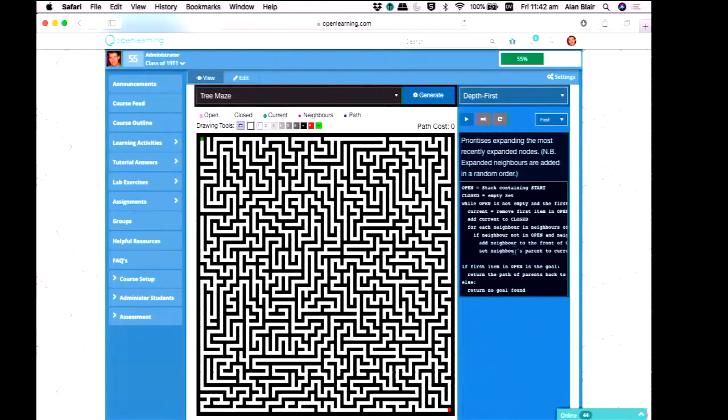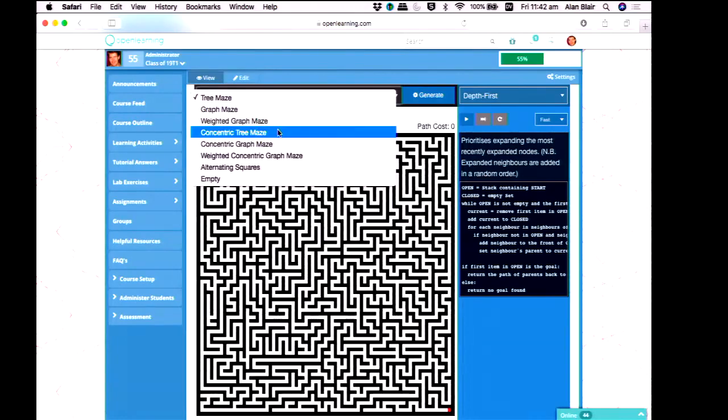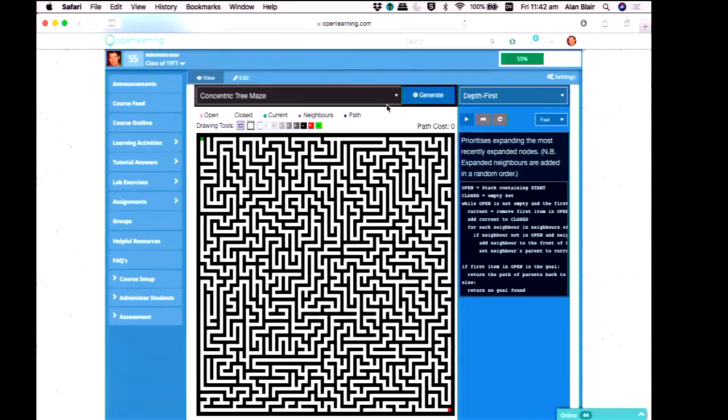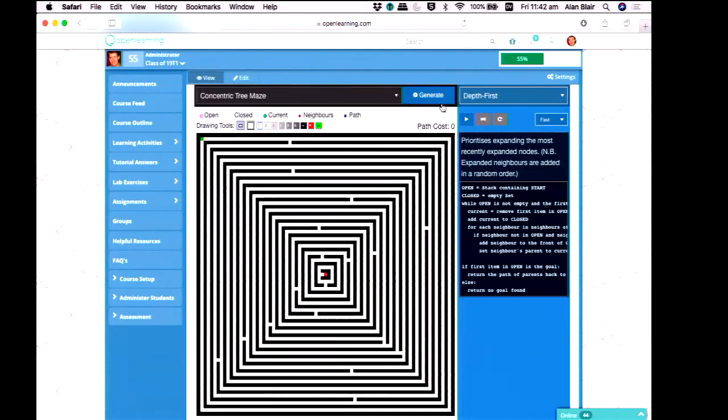The week 3 module includes the uninformed search strategies, and the week 4 module includes the informed search strategies, but otherwise the interface is the same. You can choose a type of maze and generate random ones, then choose a search algorithm, and you can actually watch it apply that search algorithm to that maze.